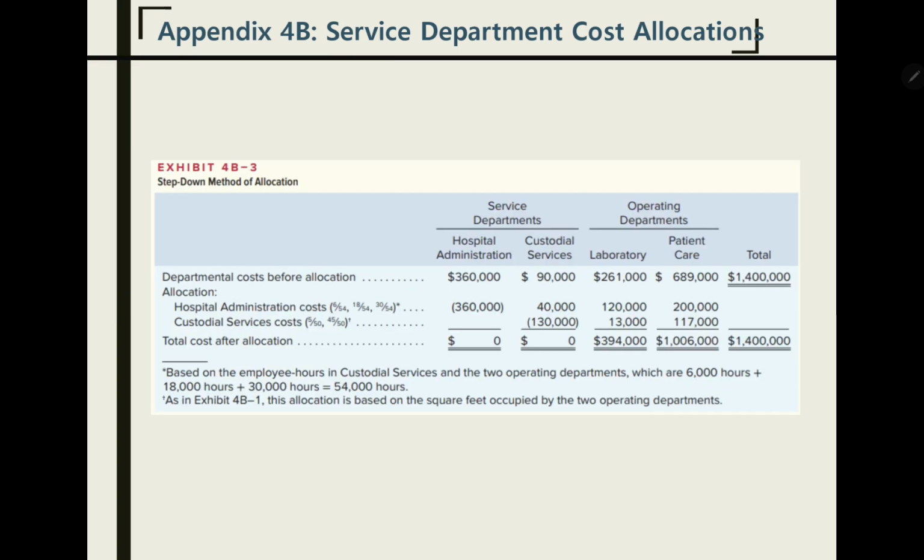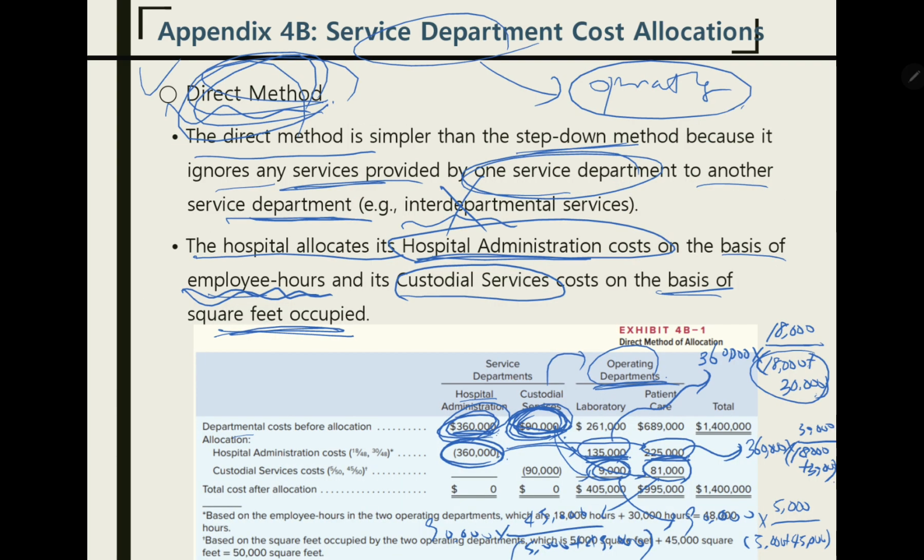Okay, so let's look at this. This hospital administration's 360,000 should be allocated to operating department as well as the other service department. Okay, so they are computed by number of employee hours, right? So for example, this 200,000 is computed by, how much is it?